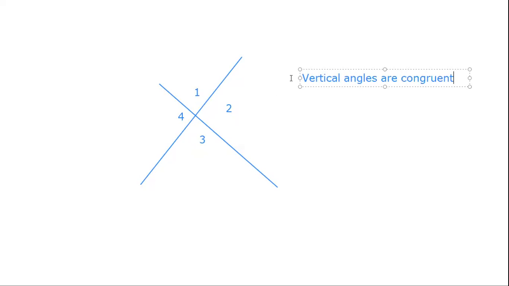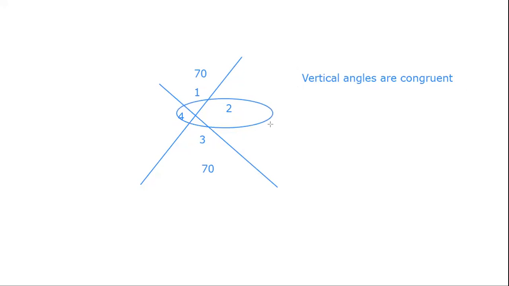Which is nice because if I told you that this angle is 70 degrees, so is this one. So what does that make? I can't draw a half circle there.